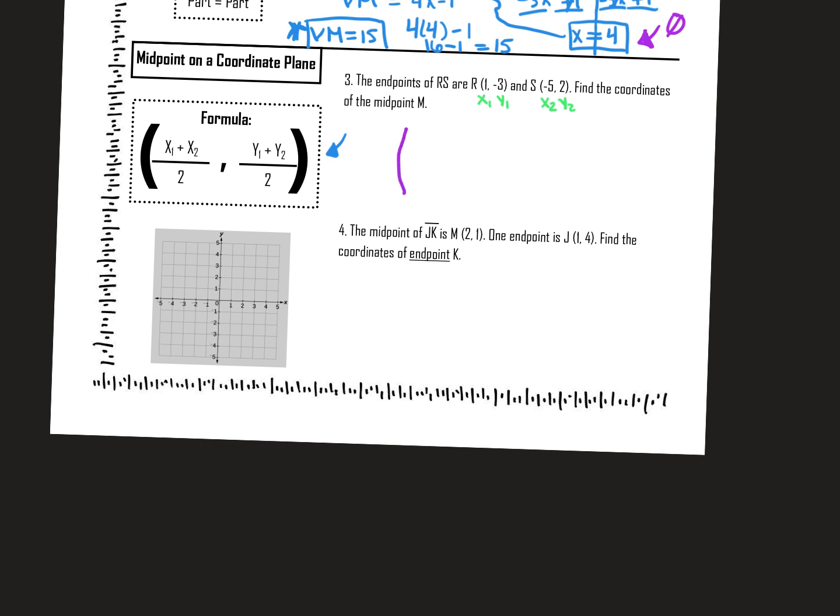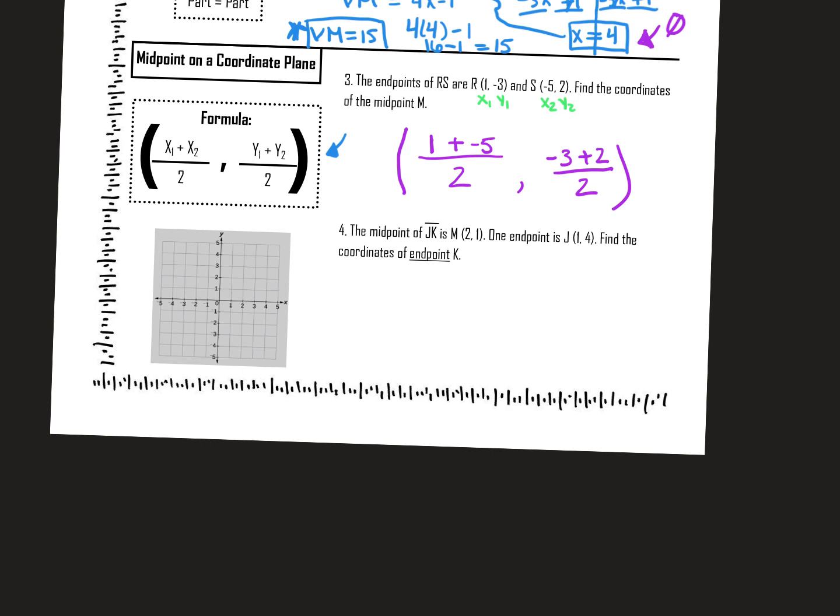And so let's go ahead and plug in. My formula says x1, which we have represented by a 1, plus x2, which is a -5, over 2, comma, y1, which is a -3, plus y2, which is a 2, all over 2.